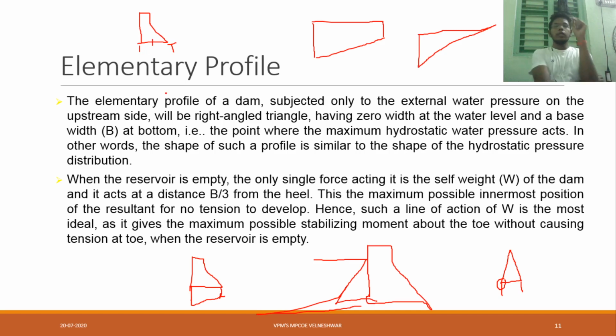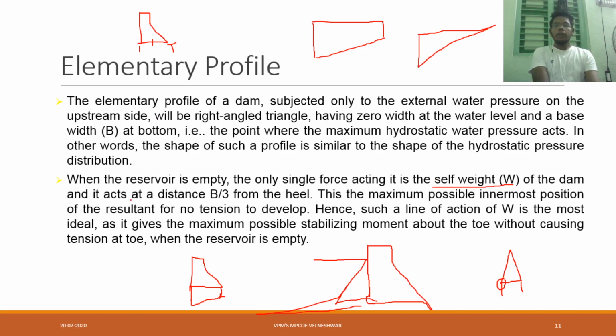As per US and Brazil recommendations, and since we are following the same in Indian provisions also, we have to provide it exactly at B by 3 distance. Suppose from here to here the distance is B, exactly at B by 3 we have to provide our self weight.